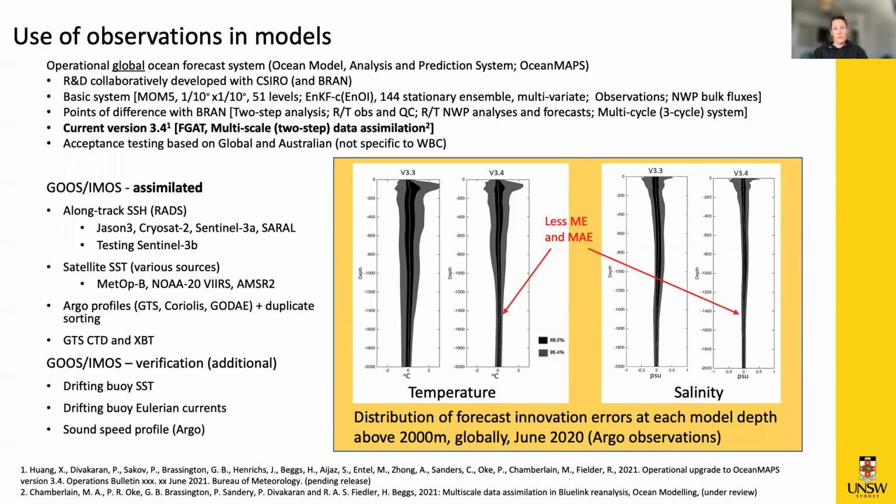The current version uses a multi-scale or two-step data assimilation scheme, which provides improvement based on the previous scheme, and it assimilates along-track sea surface height, satellite sea surface temperature and Argo profiles, and CTD and XBT lines.